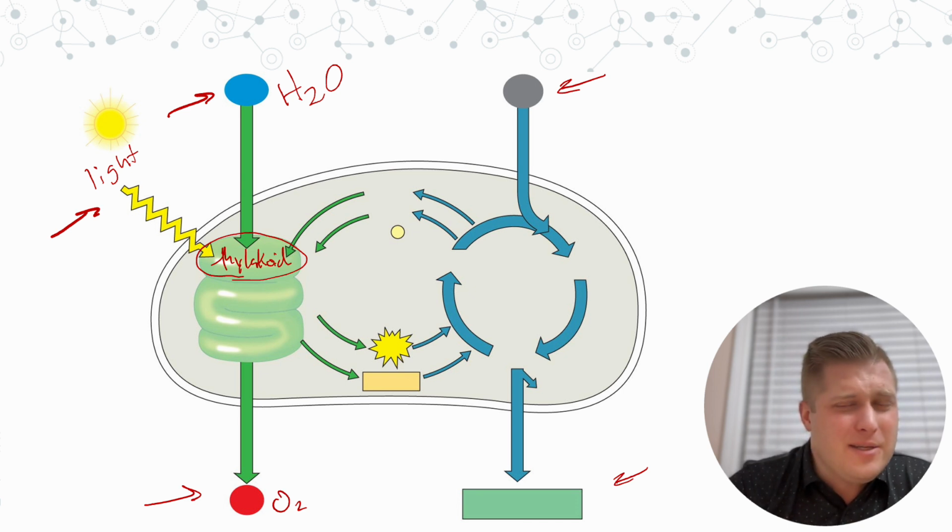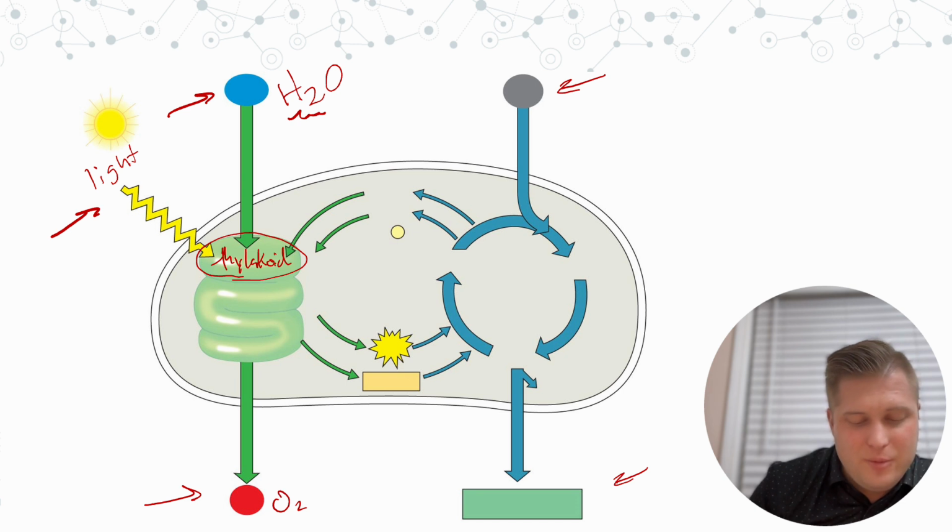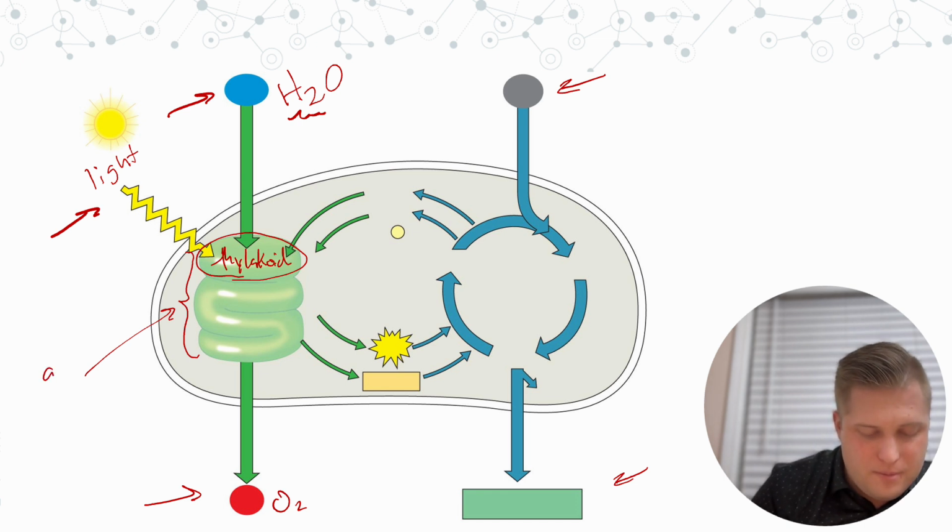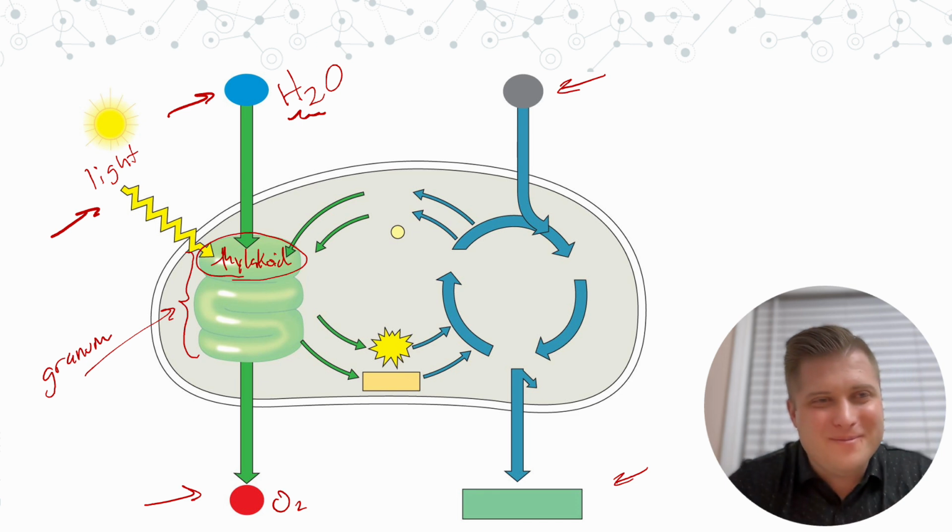Now if you look at that process, oxygen's coming out, H2O is what was going in. That means the H is going somewhere. Where is it going? Before I get too far ahead of myself, let's go ahead and label one moment here. This was our thylakoid, and that whole stack of them we call a granum. Not grandma, granum.